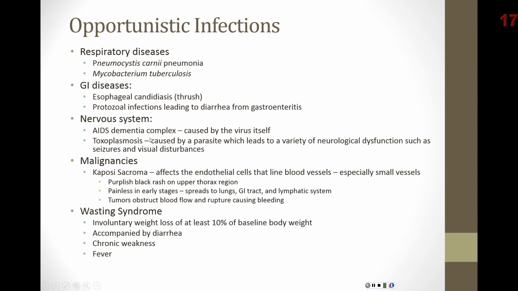AIDS dementia complex is one I always like to specifically mention. All of these other conditions, the malignancies, the wasting syndrome, they're all linked to failure of your immune system. But AIDS dementia complex is caused by the virus itself. It invades the cells of the brain, and when it does that, it destroys neurons within the brain.